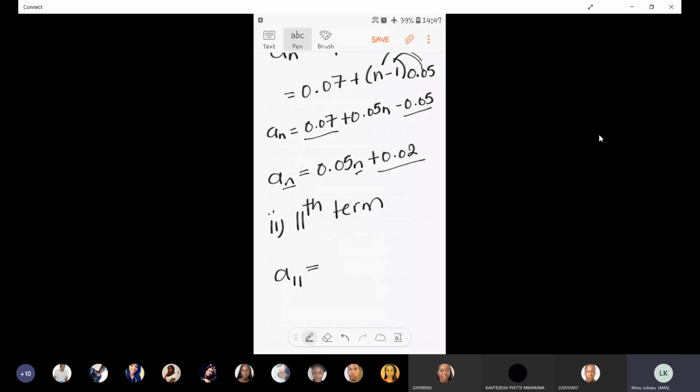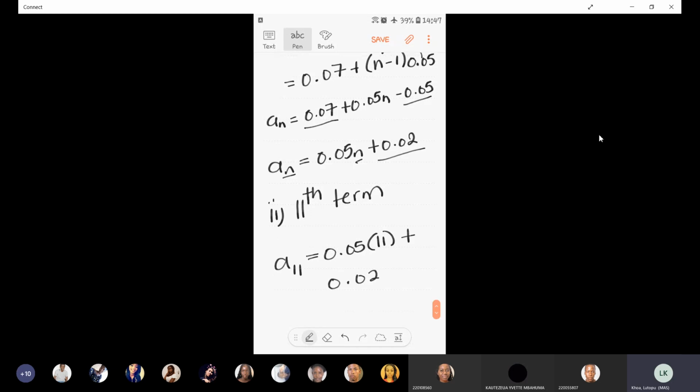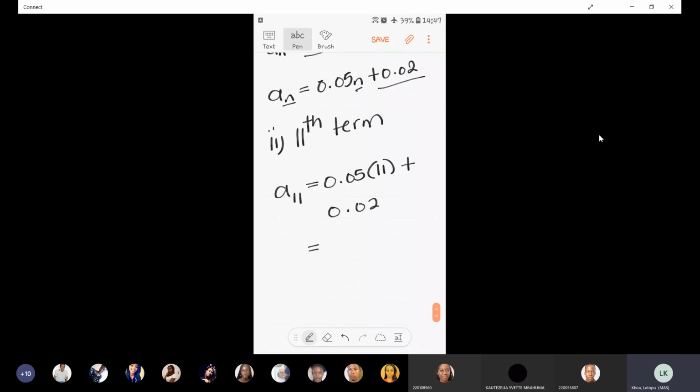So this is just 0.05 times 11 plus 0.02. Okay, this you can do on your calculator, but even without, it's not too difficult. 0.05 times 11 should be 0.55, and then you add 0.02, you should get 0.57 as your 11th term.